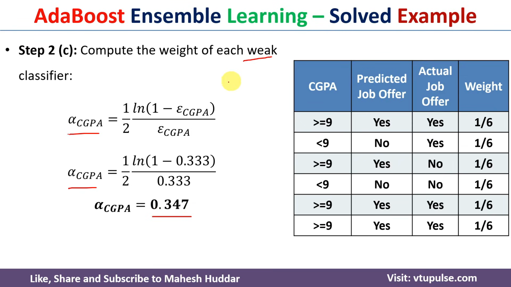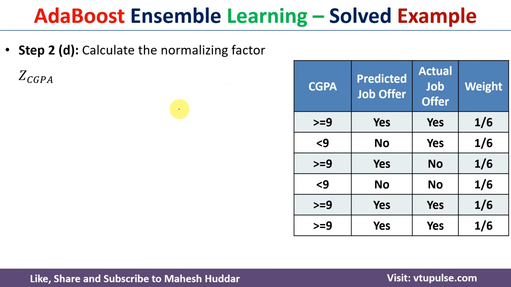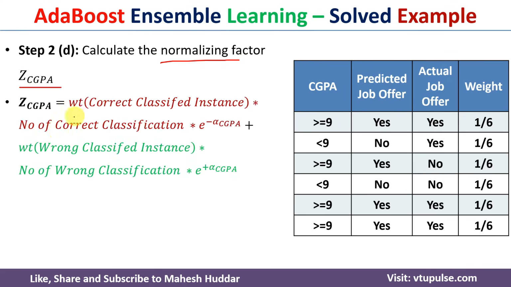Once you calculate the weight for the weak classifier, the next step is to get the normalization factor for CGPA. It is equal to the weight of a correctly classified instance multiplied by the number of correct classifications multiplied by e raised to minus the weight of the weak classifier, plus the weight of a wrongly classified instance multiplied by the number of wrong classifications multiplied by e raised to plus the weight of the weak classifier.